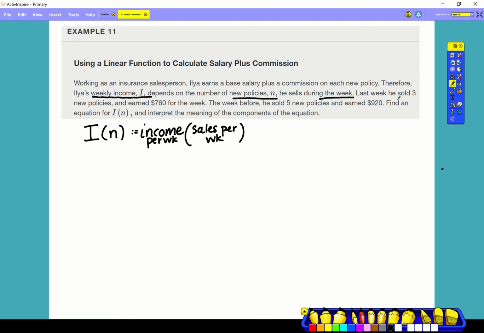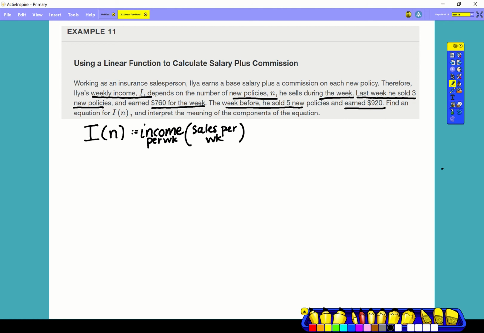Last week, he sold 3 new policies. And he earned $760 for the week. The week before, he sold 5 new policies and earned $920.